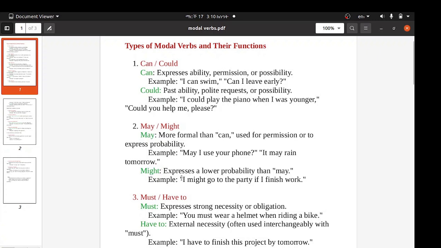So, for example, I might go to the party if I finish work. This is probability, but lower than may. So this is all about may and might.